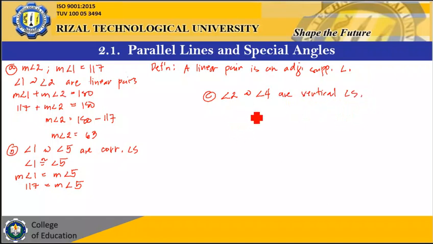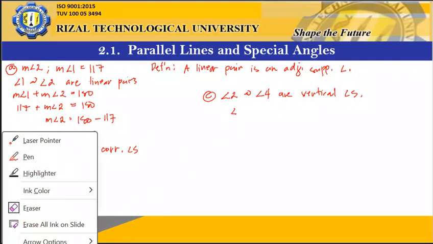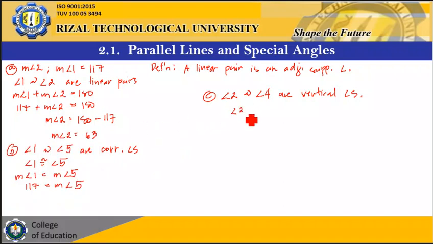And since angle 2 and angle 4 are vertical angles, then angle 2 is congruent to angle 4. And by the definition of congruent angles, the measure of angle 2 is equal to the measure of angle 4.